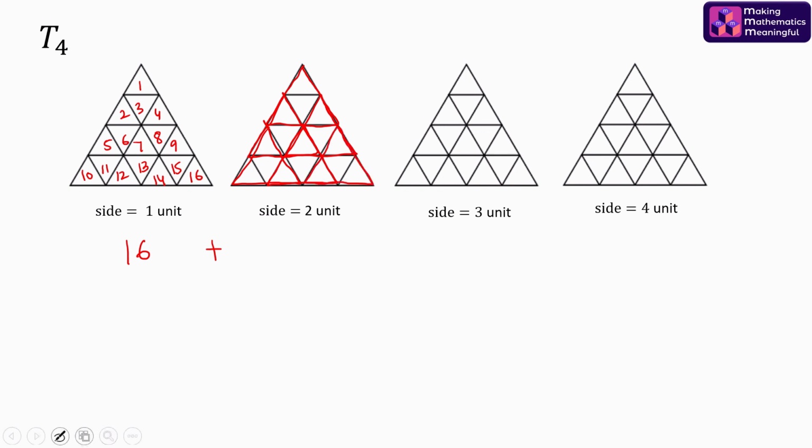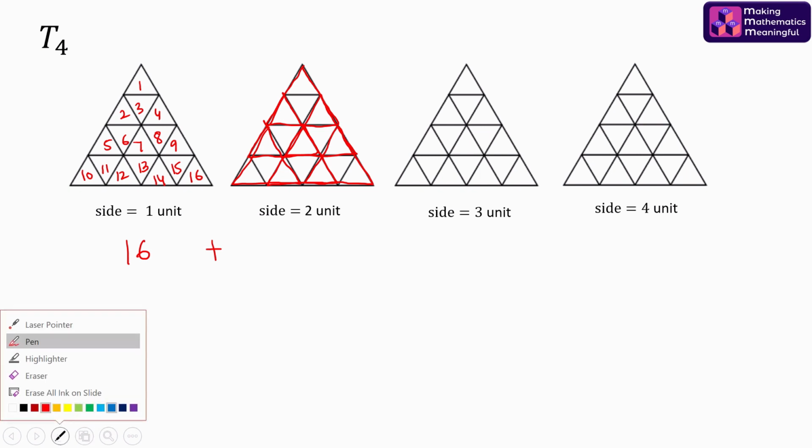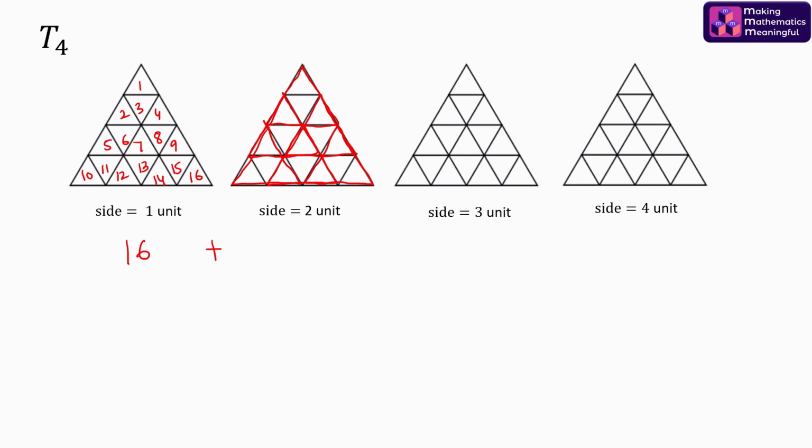But also observe that there is the occurrence of one inverted triangle here. So, it actually becomes 6 plus 1, that is, 7 such triangles are possible.